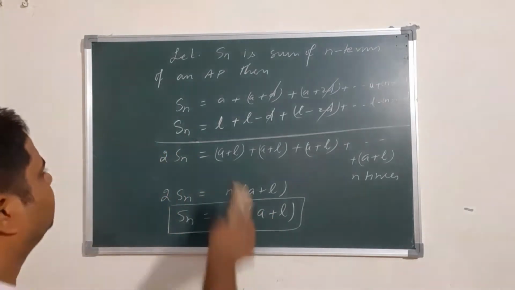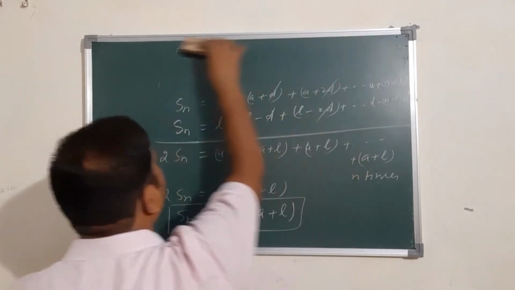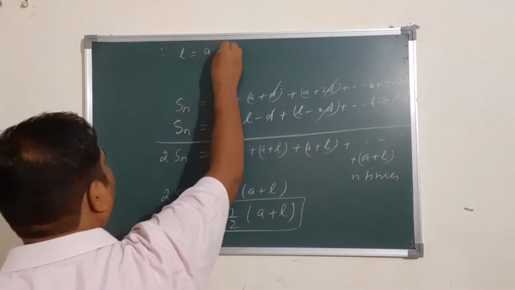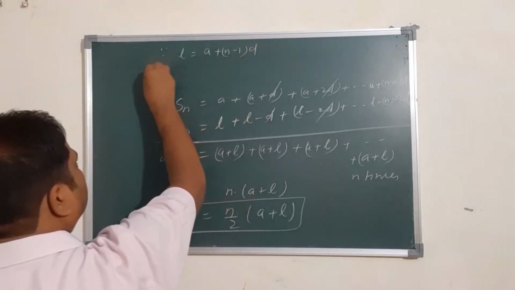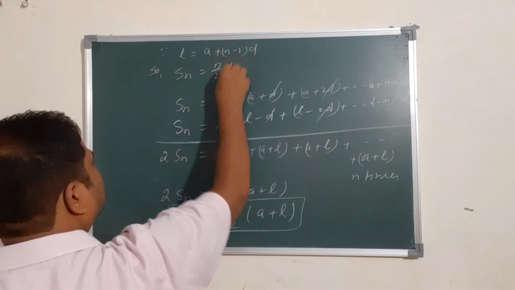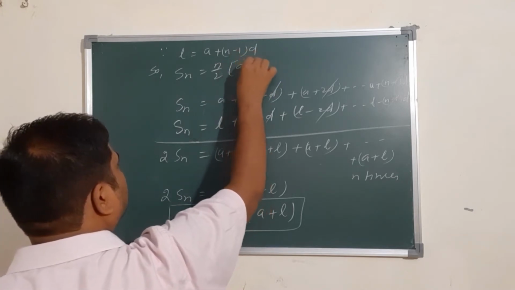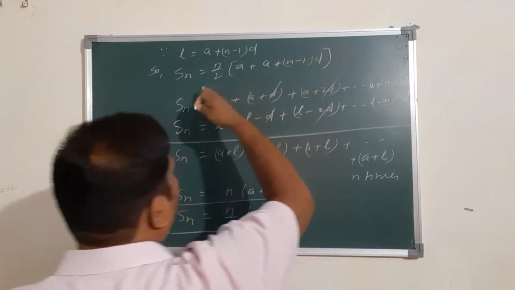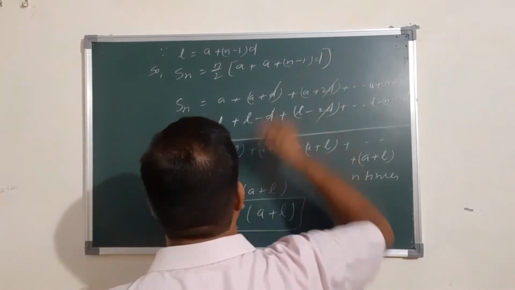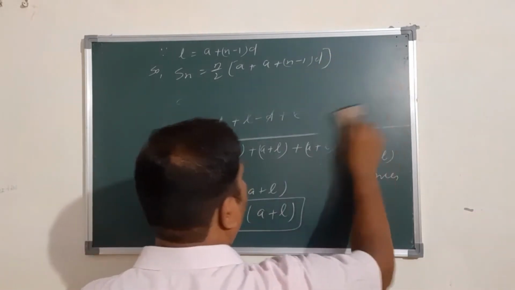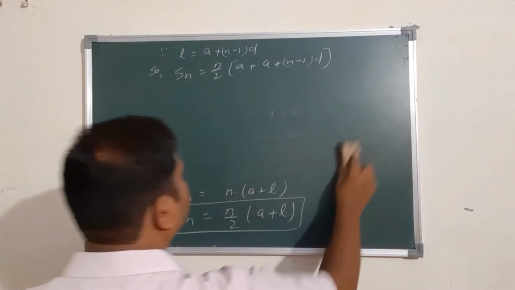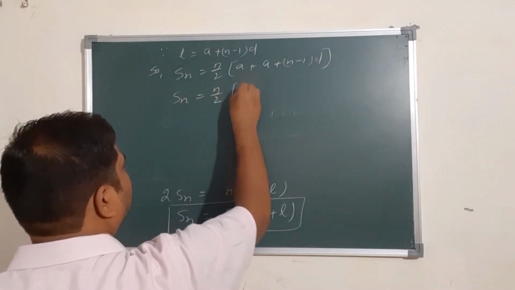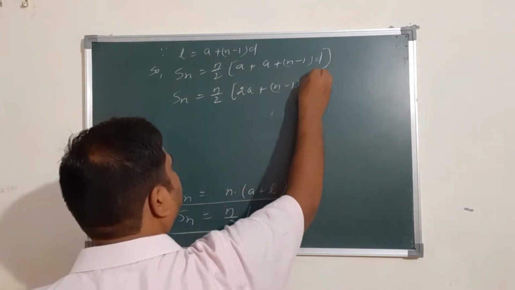Afterwards, since we know that l is the last term, and l is a plus n minus 1 into d, Sn is nothing but n by 2 into a plus, at the place of l we put a plus n minus 1 into d, so we will get the answer as Sn is equal to n by 2 into 2a plus n minus 1 into d.